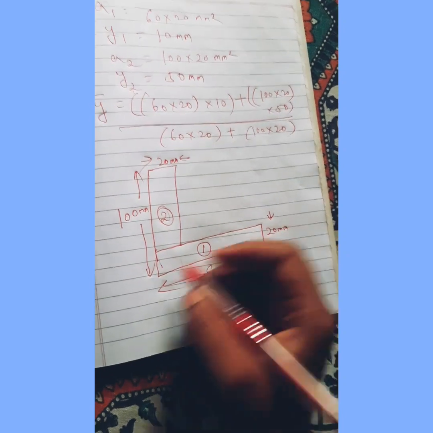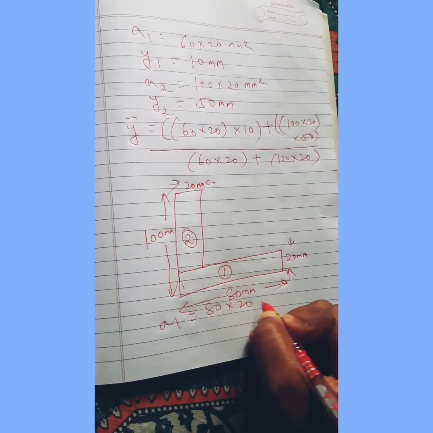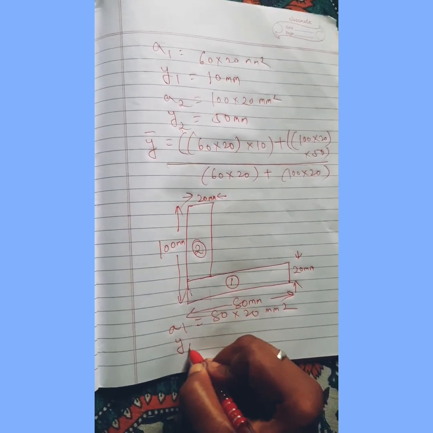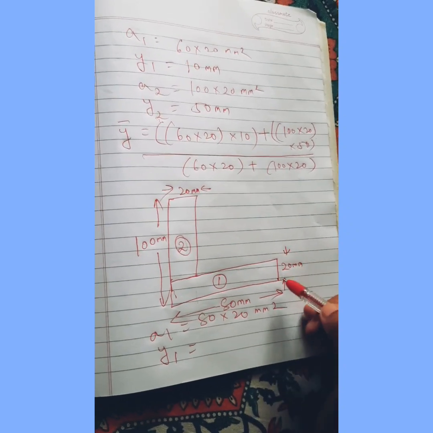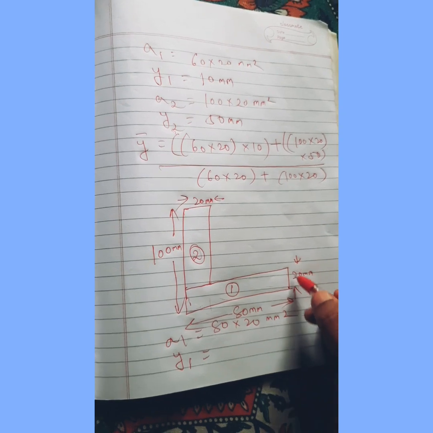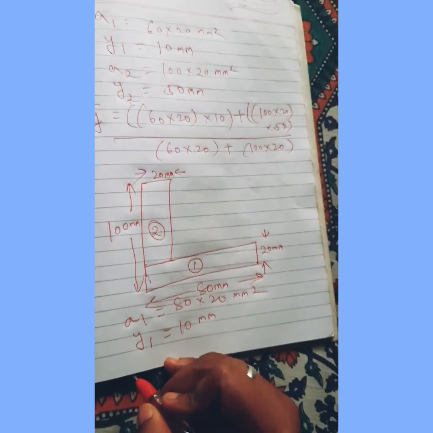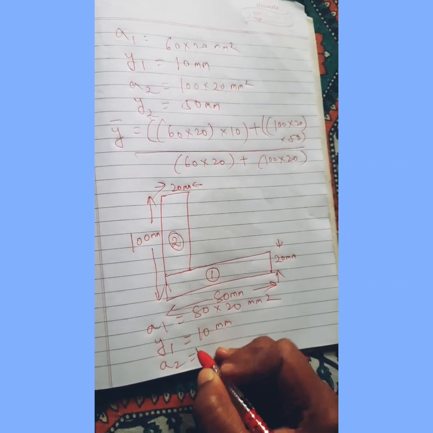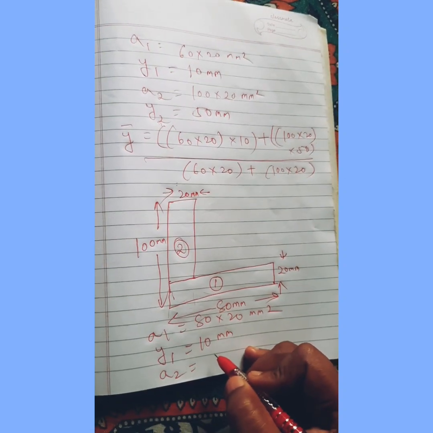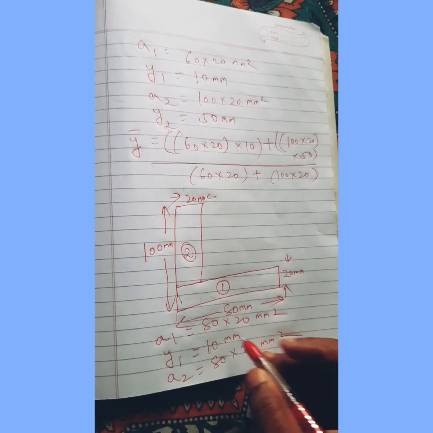So in this case, A1 equals 80 into 20 mm square. For y1, we will take this surface as a reference. So y1 is 20 by 2, that is 10 mm. Similarly, A2 equals, this total is 100, so 100 minus 20, that is 80, so 80 into 20 mm square.